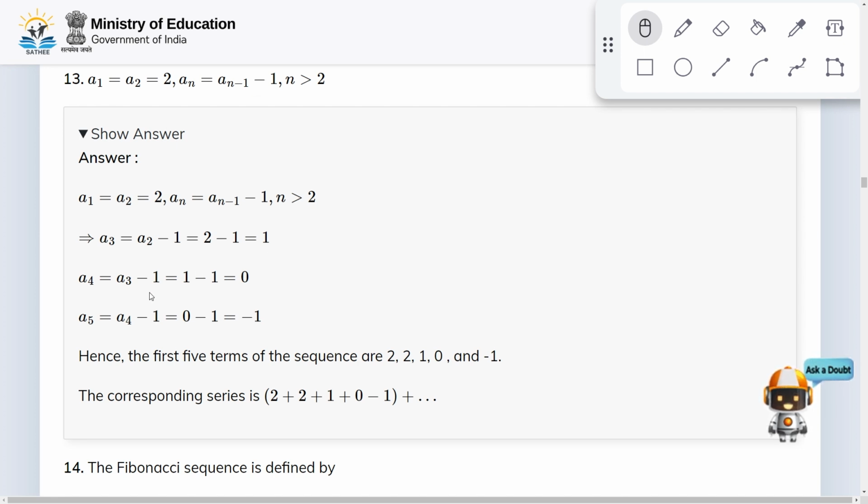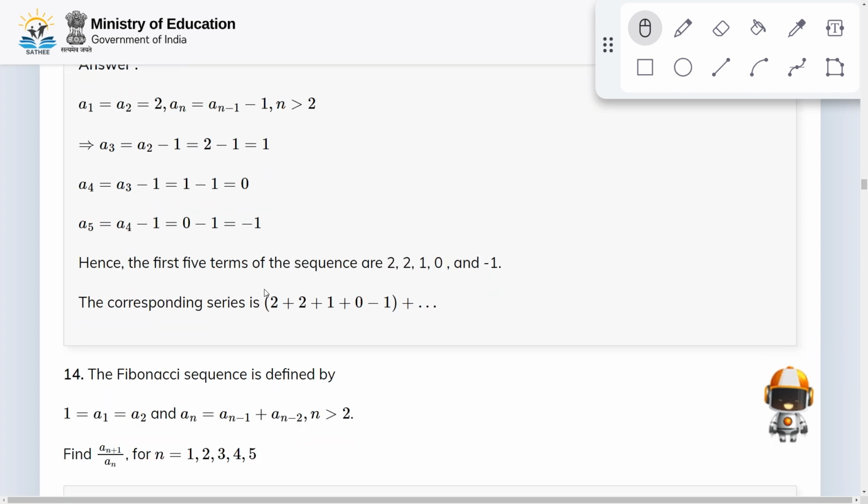A4 will be A3 minus 1, which means 1 minus 1 is 0. A5 will be A4 minus 1, which means 0 minus 1 is minus 1. So your sequence will be 2, 2, 1, 0, minus 1, and the corresponding series will be 2 plus 2 plus 1 plus 0 minus 1 plus and so on. Now the 14th problem.